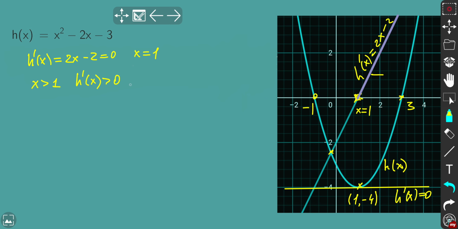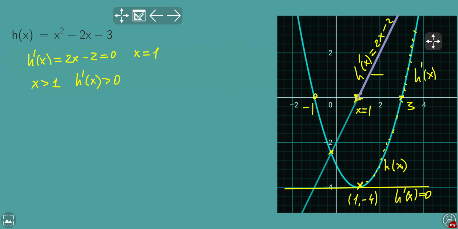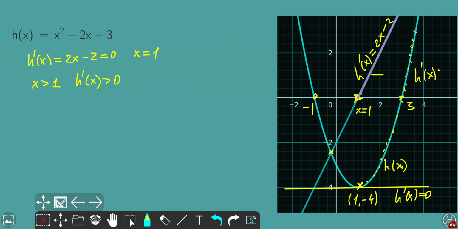So what does it mean? It means that no matter where you take the gradient on this part of the branch, it will always be positive. So h prime for that part of the parabola is going to be positive. That's why you have the derivative function completely above the x-axis. So what if x is less than 1?